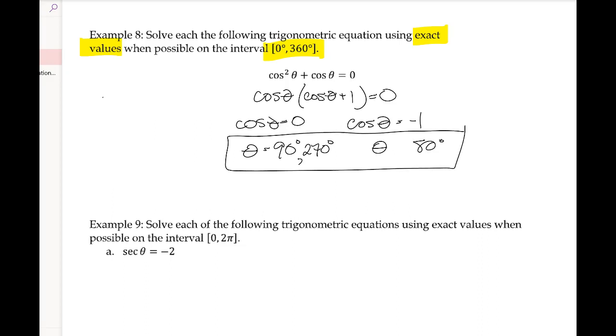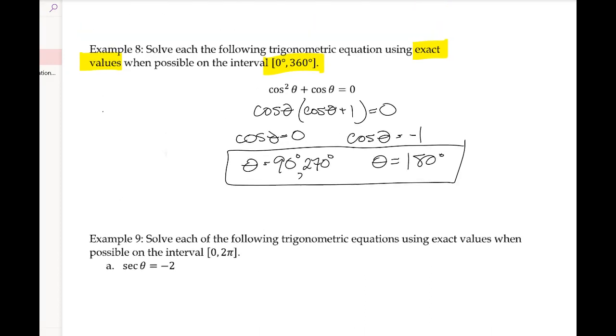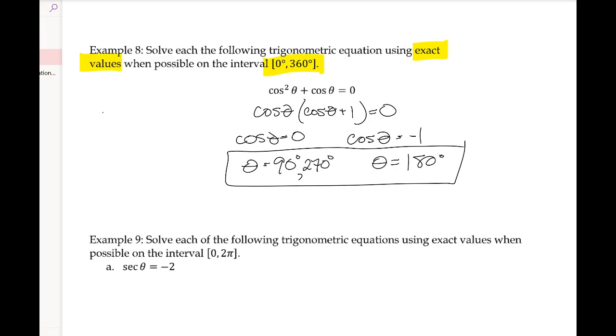Okay, so it is possible to solve these quadratic equations involving trigonometric functions without using that substitution method that we used in example 7. But it's all about personal preference.